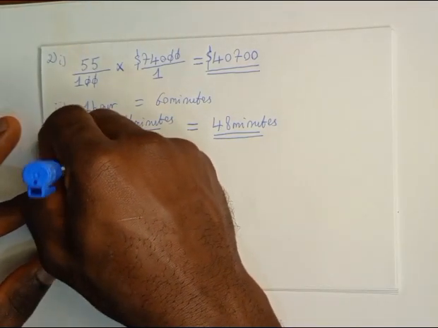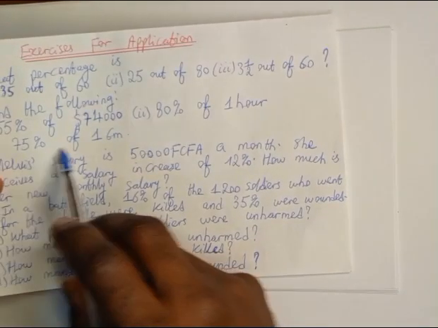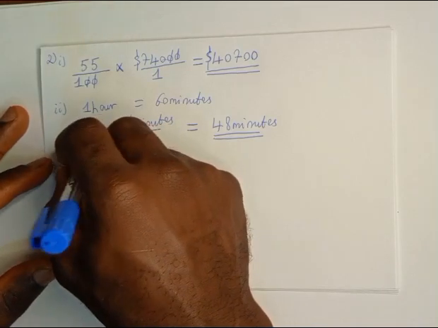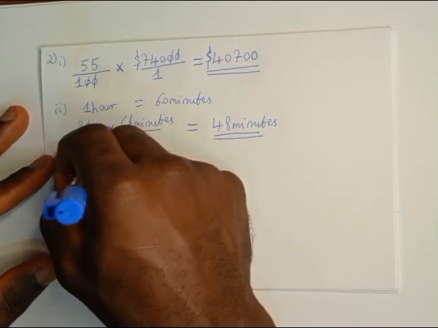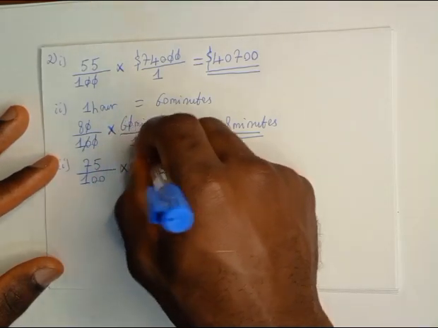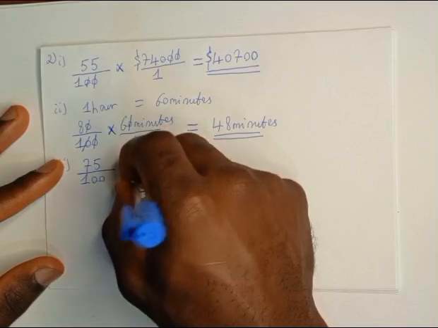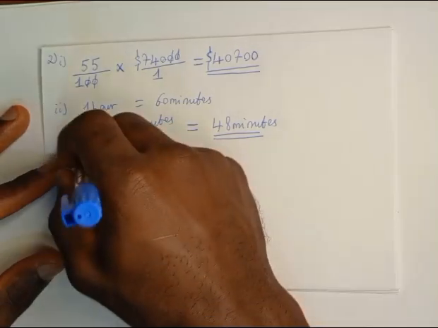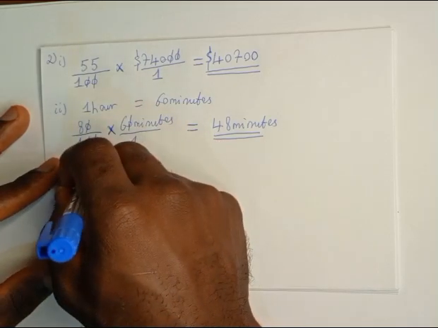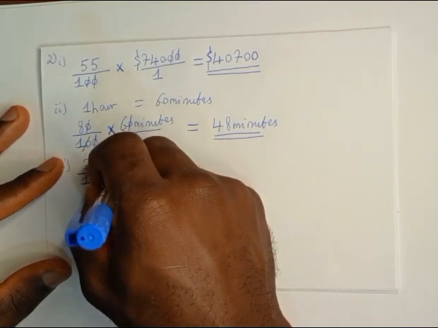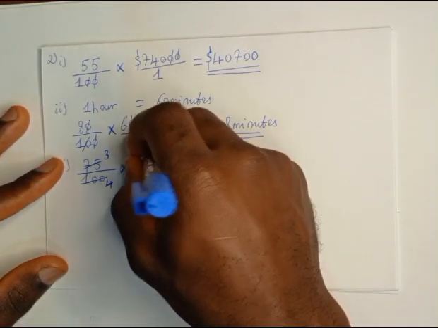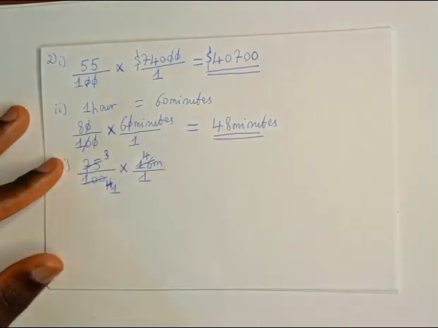We go to 3. 3 is asking us 75% of 16 meters. First, we express 75% as a fraction, 75 all over 100 times 16 meters all over 1. 25 will go into 75 3 times. 25 will go into 100 4 times. 4 will go into 16 4 times. 4 will go into 4 1 time.